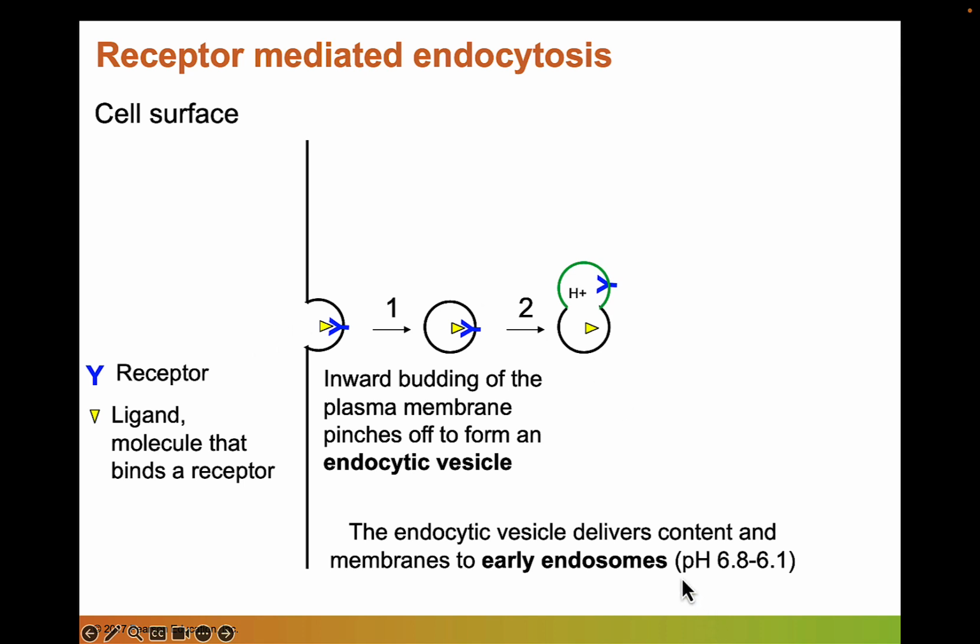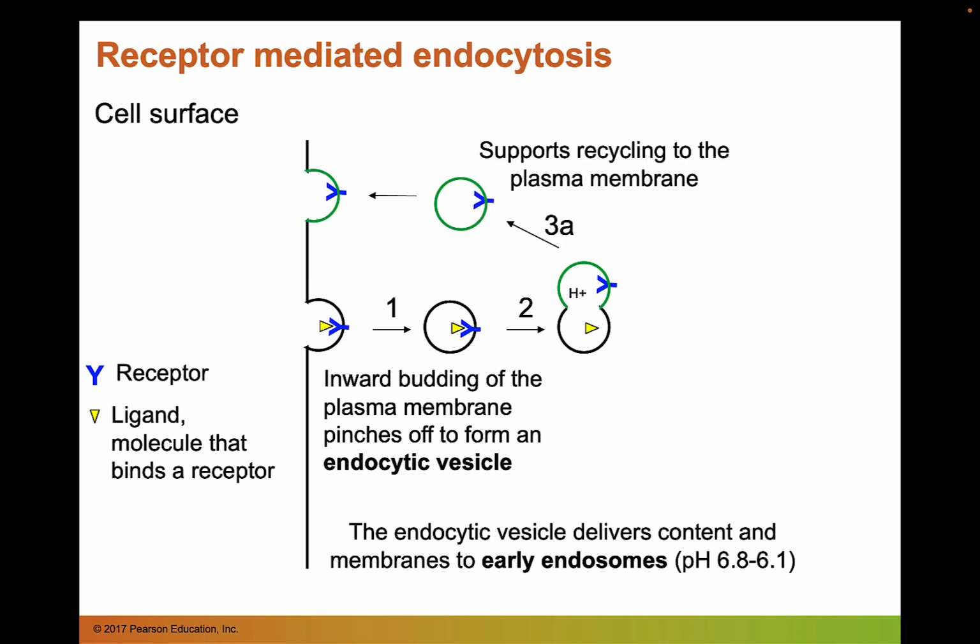At this lower pH, the receptor and the ligand lose affinity for one another. And so two things can happen here in this early endosome. One is that part of this early endosome can bud off again, and it can recycle this receptor to the surface of the cell. So that's one thing that can happen, and this is called receptor-mediated recycling.